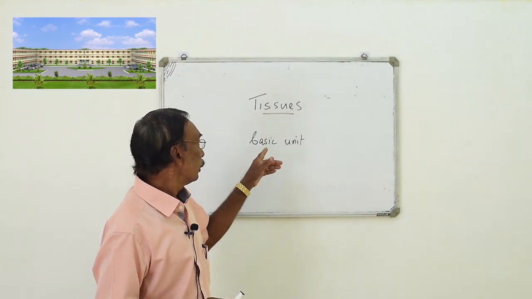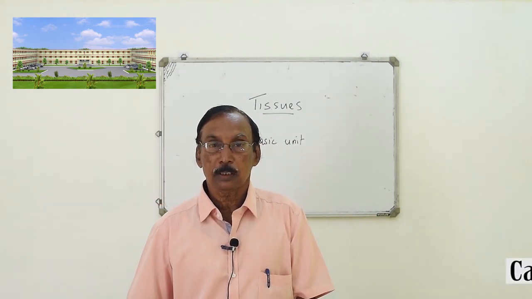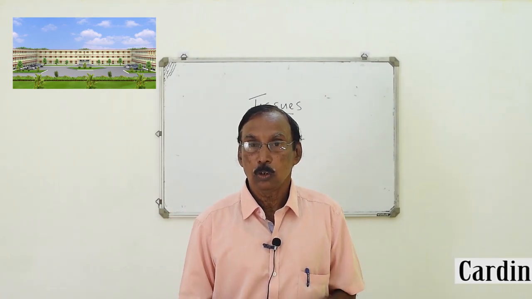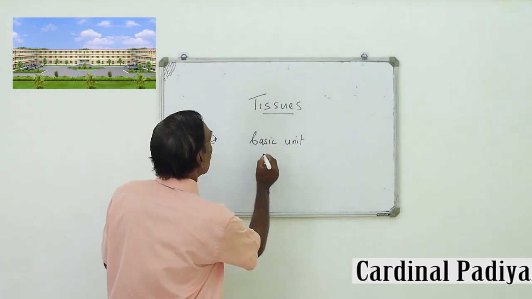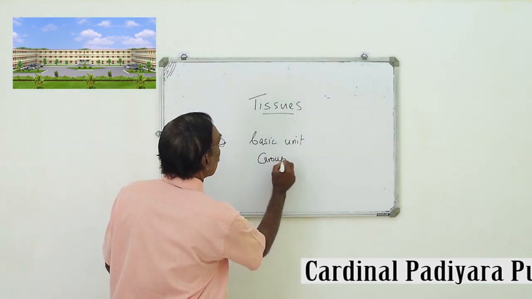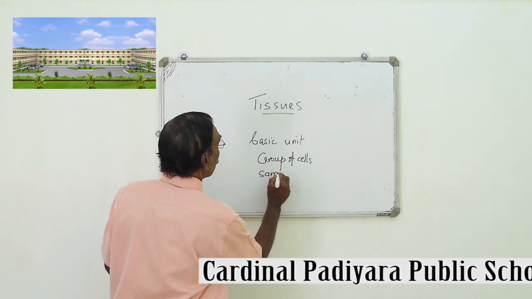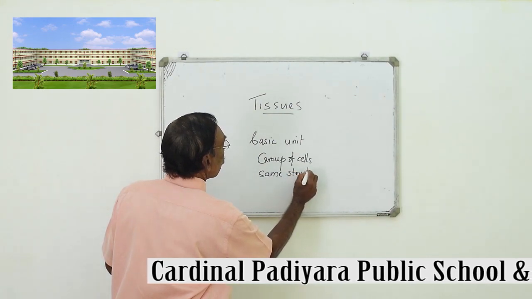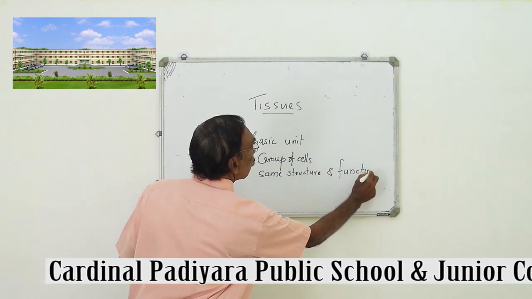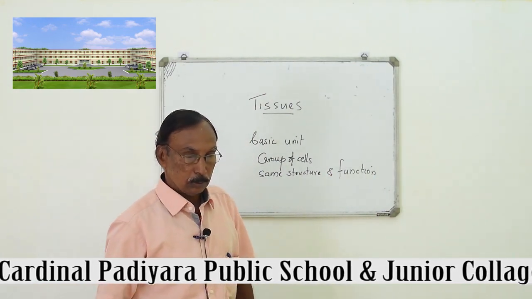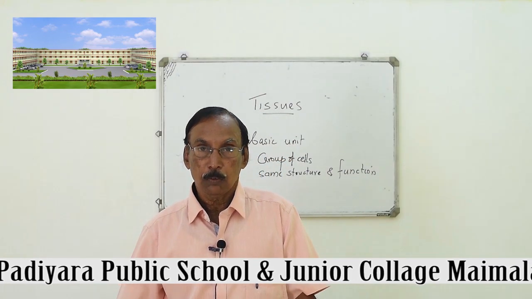We are going to define what is a tissue. A group of cells having same structure and the same function is called a tissue. So, a tissue means group of cells having same structure and function.